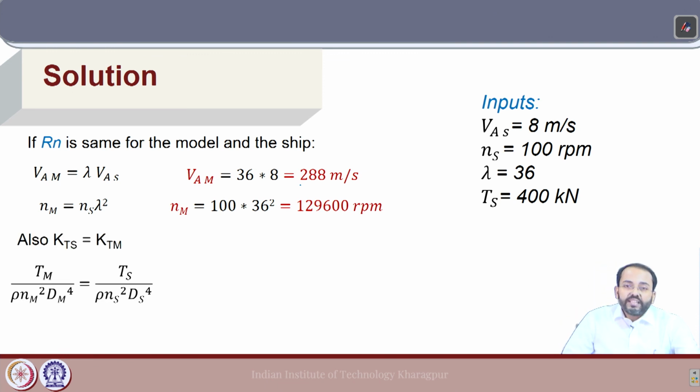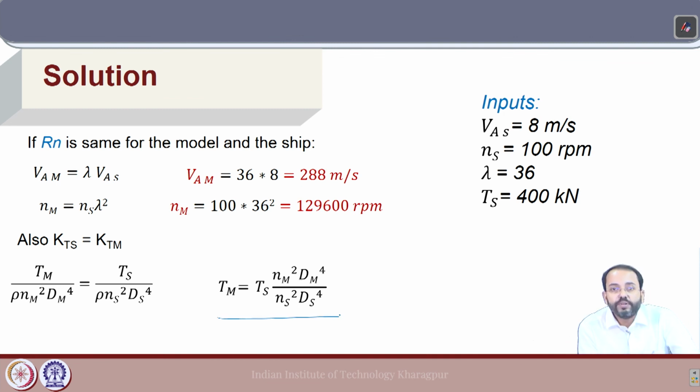For the propeller thrust, we will take the thrust coefficient K_T that we have computed to be the same in the model and the full scale. So, if we use that similarity, we have this thrust T_m in the model scale and T_s in the full scale related by this particular equation, which gives T_m equal to T_s, because N_m square by N_s square is basically lambda to the power 4 and D_m by D_s is lambda and that to the power 4 cancels out.